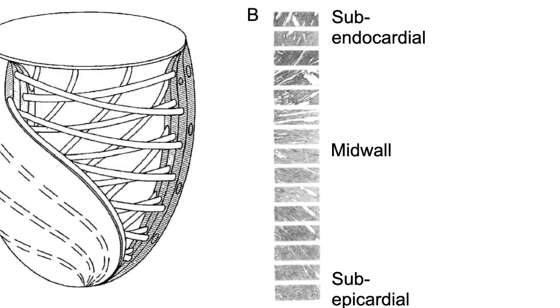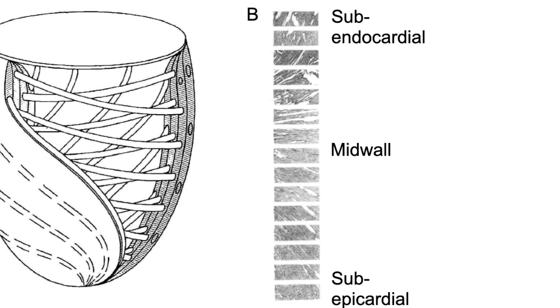In this case, you see going from the subendocardium, endocardium is the inner wall, through the midwall, through the subepicardial wall. And you can see that the orientation of the fibers shown in this sequence of micrographs clearly depicts a rotation of that fiber direction. That's the tissue version of it. There's another consequence and another scale of this at the whole heart level that we'll return to.